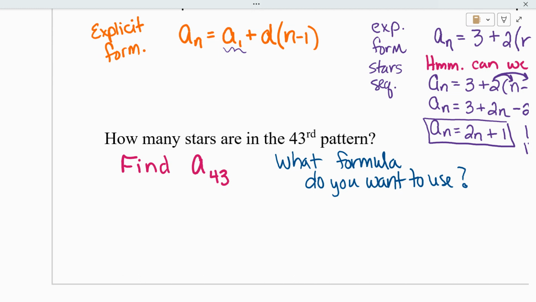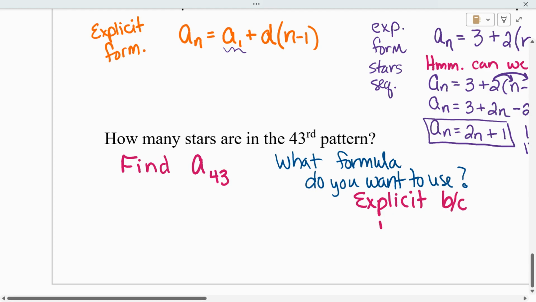So we don't want to use the recursive formula. We want to use the explicit formula because the explicit formula lets us find any term, right? That is so important.